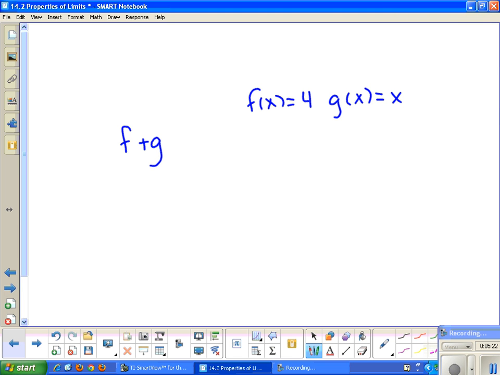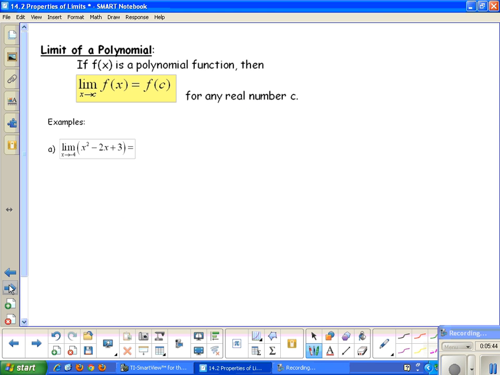Then f plus g would be 4 plus x. If I did f divided by g, that would be 4 divided by x. If I did f times g, that would be equal to 4x and so on. So those are what the properties are saying.